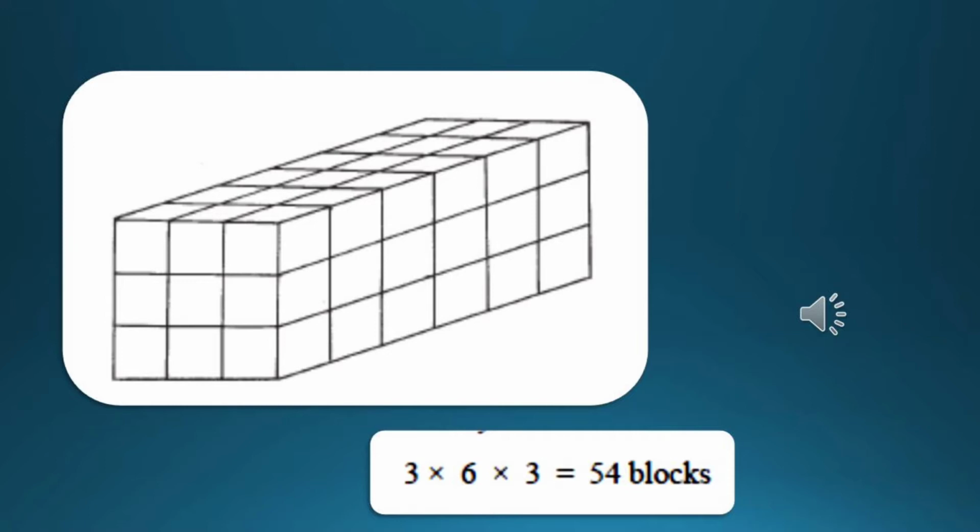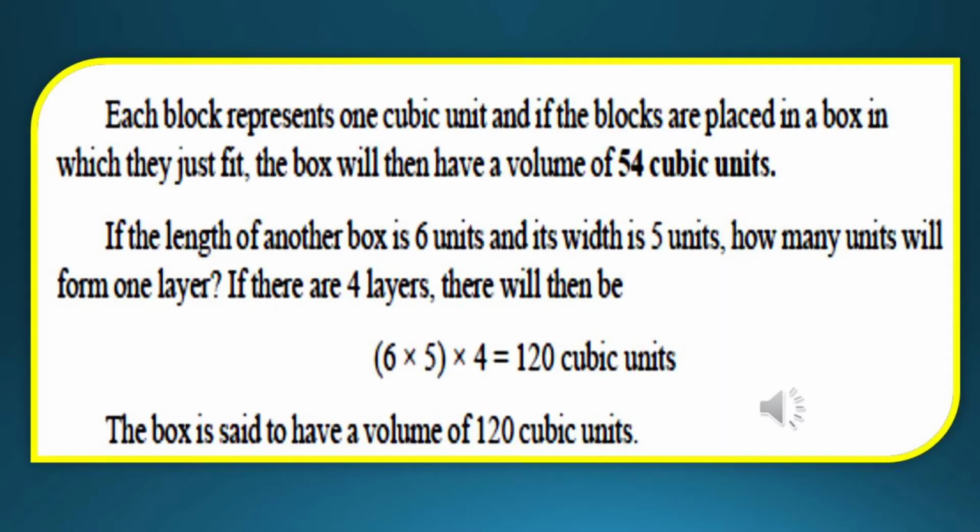And there are 3 layers of piles of blocks. Therefore, 3 times 6 times 3 gives us 54 blocks. Each block represents 1 cubic unit, and if the blocks are placed in a box in which they just fit, the box will then have a volume of 54 cubic units.